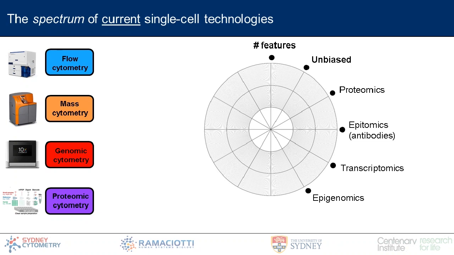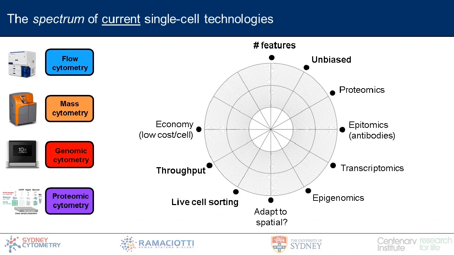Is it protein? Are these epitopes? Is this RNA? Or is this epigenetic? We also have extensions of the technology. How does this scale to imaging? Do we have the ability to sort? What is the capacity for this to extend to other modalities?